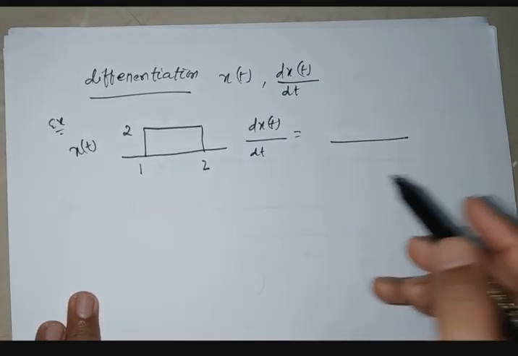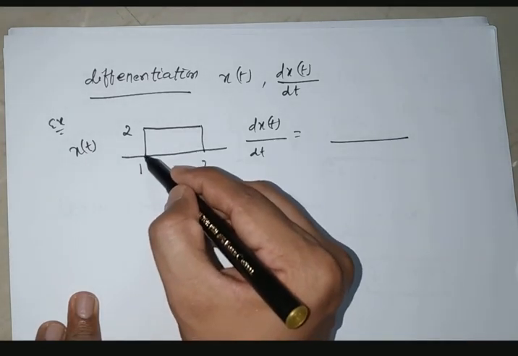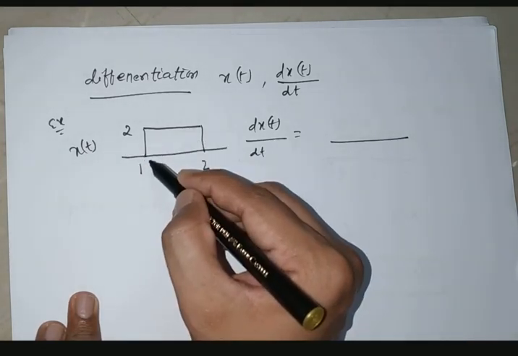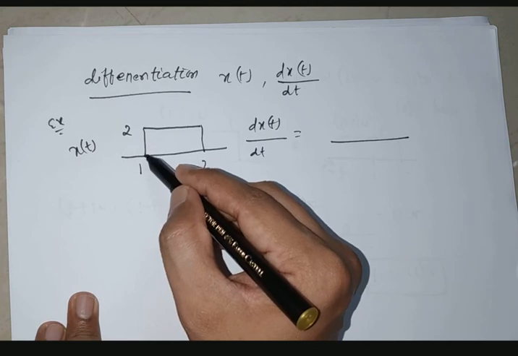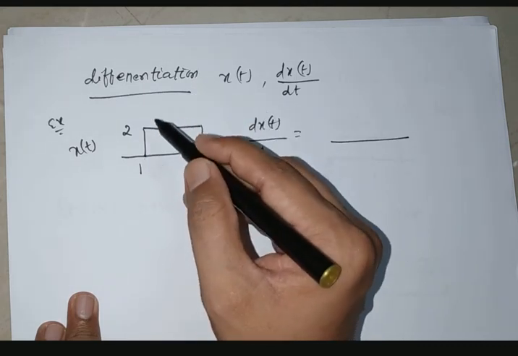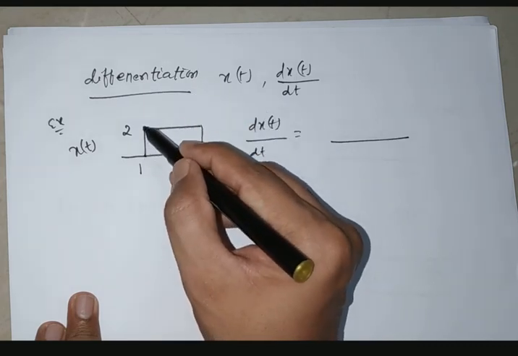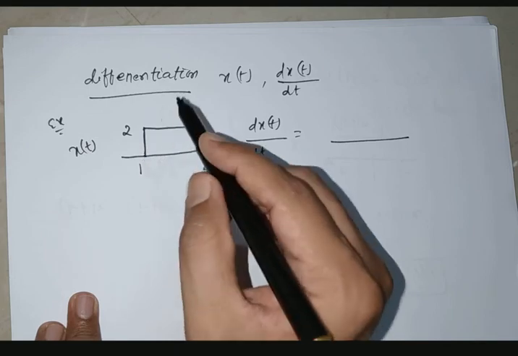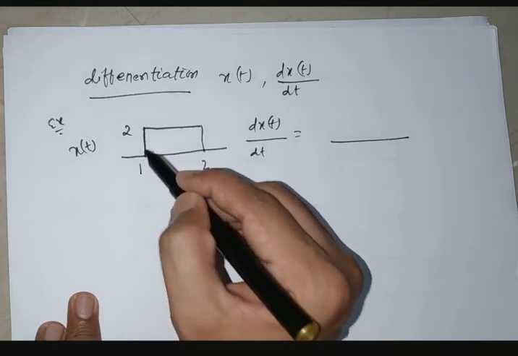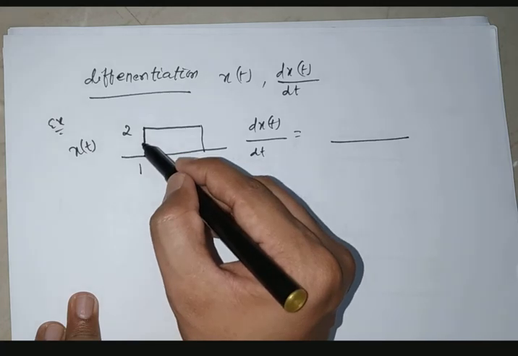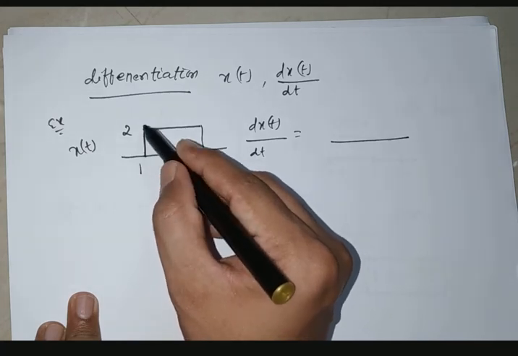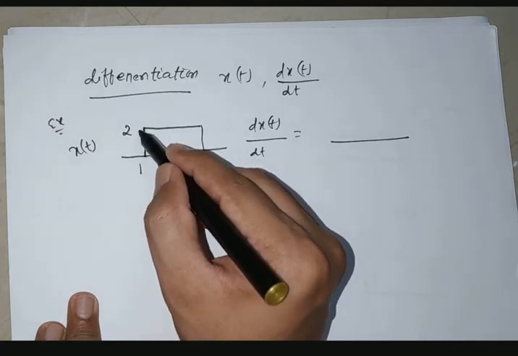Now it's very simple. See, exactly at point 1, the signal x of t, what is the difference? It's moving up. If you see the signal x of t, it's moving up from 1 to 2. So what is the difference?